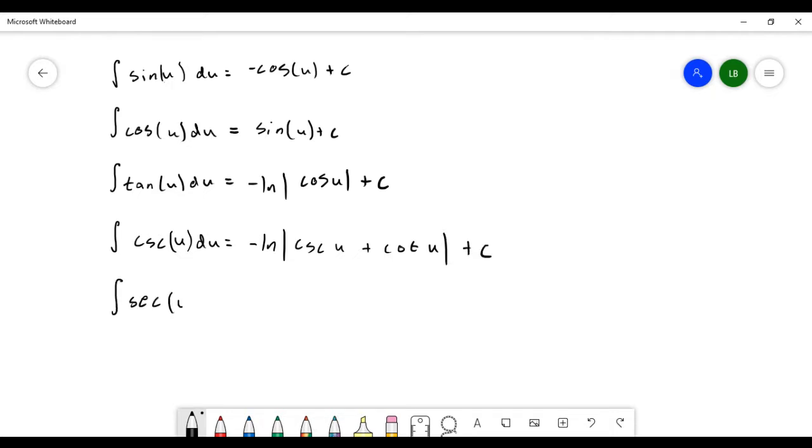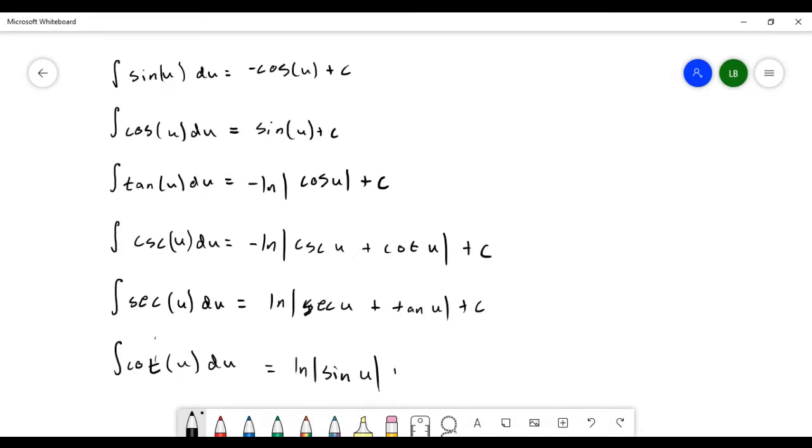Integral of secant of u du is equal to the positive natural log of secant of u plus tangent of u plus c, and lastly, the integral of cotangent of u is equal to the natural log of sine of u plus c.